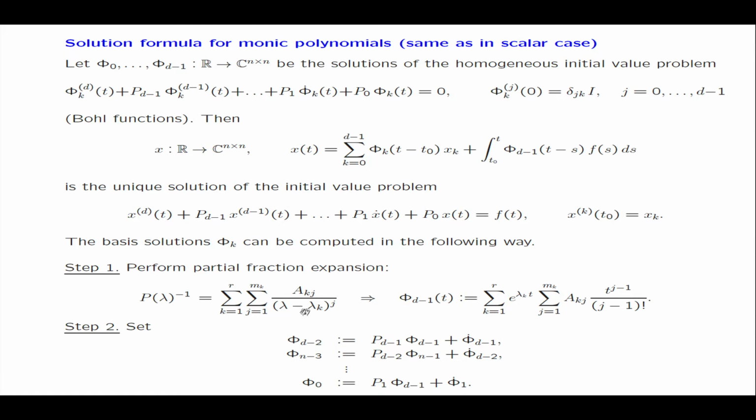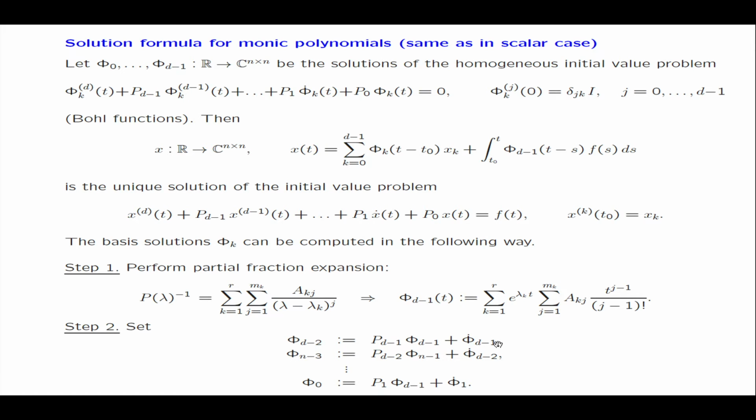So replace this denominator by the exponential function times this polynomial part, so just the power of t. And then if this is found, we can find the other basis functions by differentiating this last one.